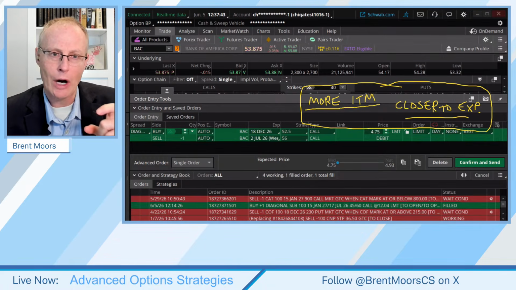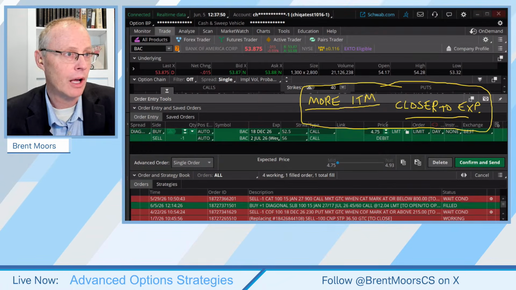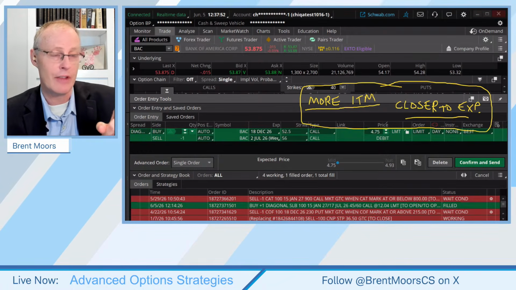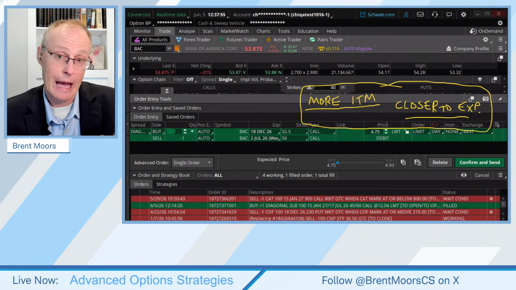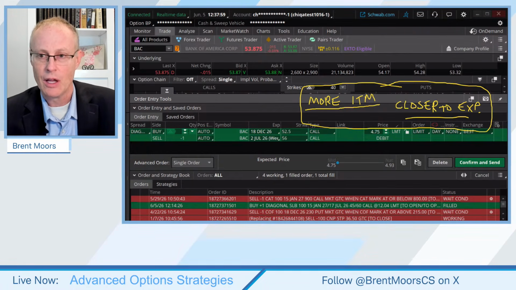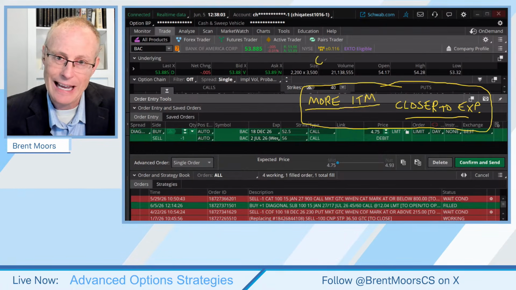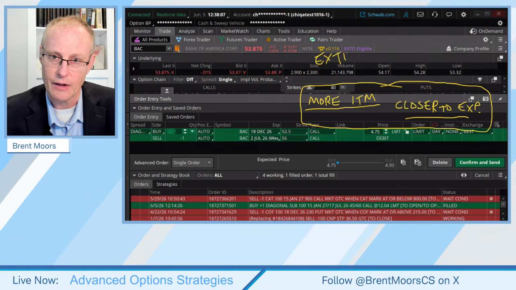The lower the extrinsic value, the more likely there is to be early assignment. Now, someone earlier mentioned dividend risk. Yeah, especially if a company's paying a big dividend, that can be a time of early assignment. But extrinsic value is the key.